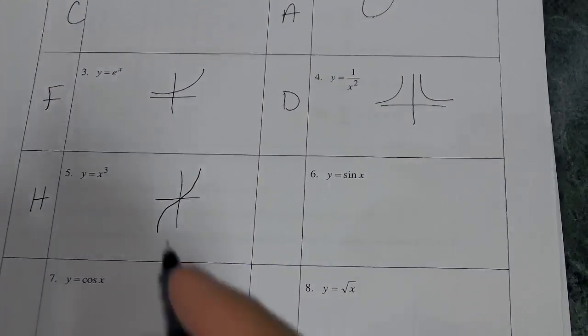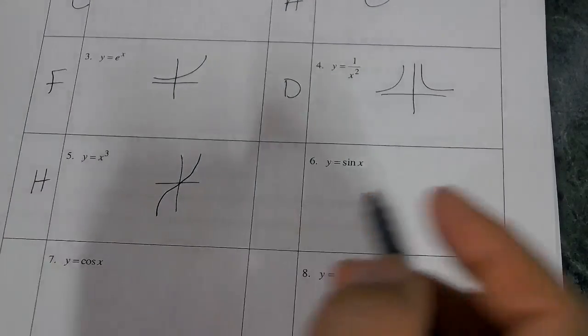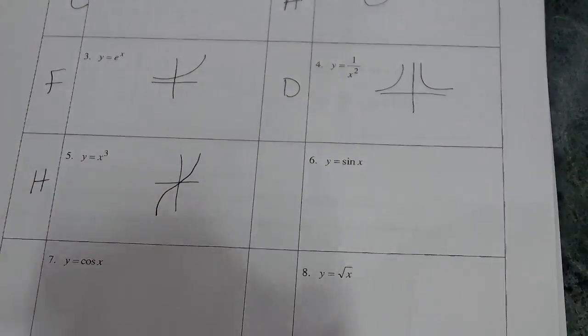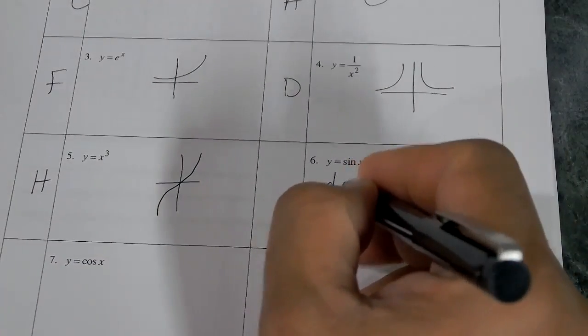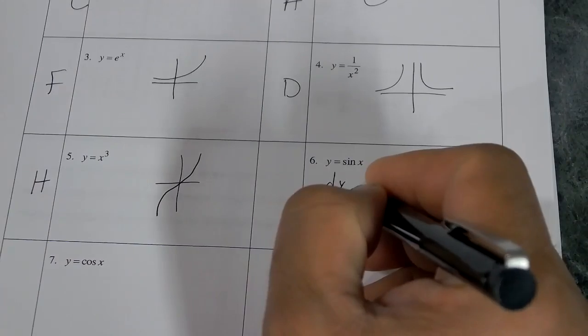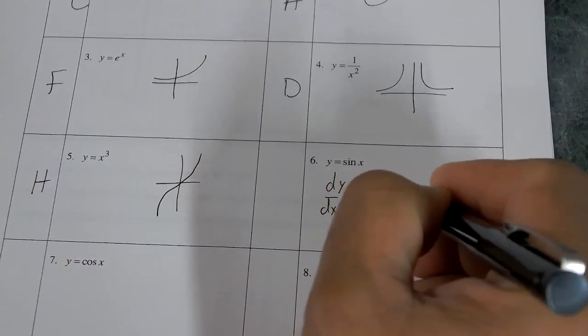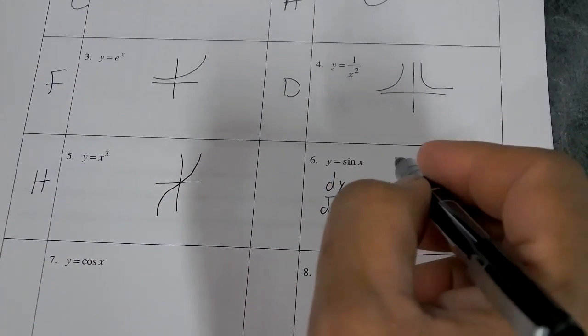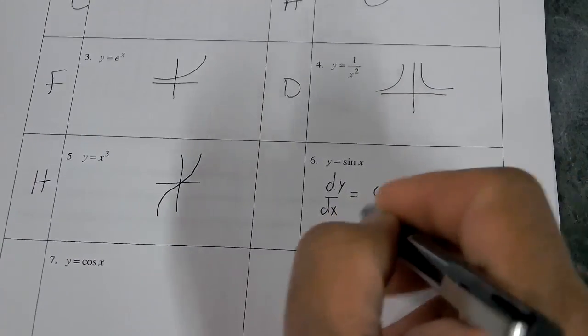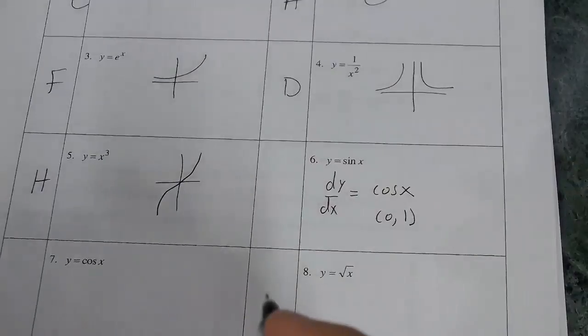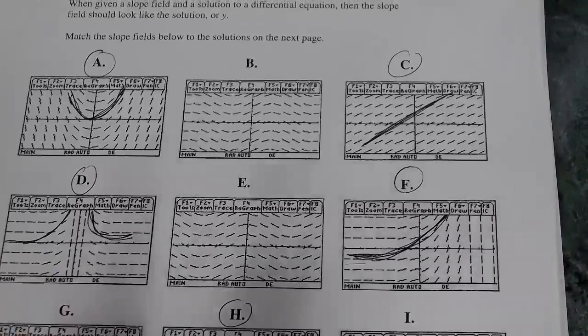Sine x. All right, we have a couple here. So in order for you to figure out what it is, what would be its derivative? What's dy dx? What's the derivative of sine? The derivative of sine is cosine x. And I know at 0, cosine of 0 is 1. I know at 0, comma 1. I know when x is 0, y is 1. So which one does that fit?